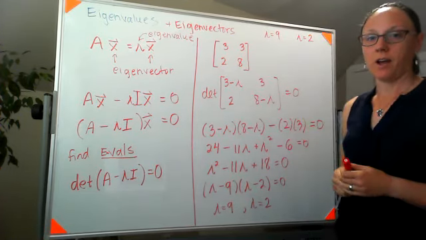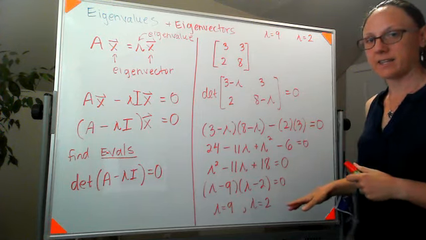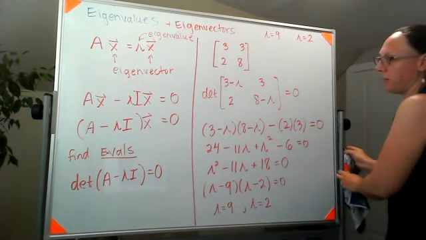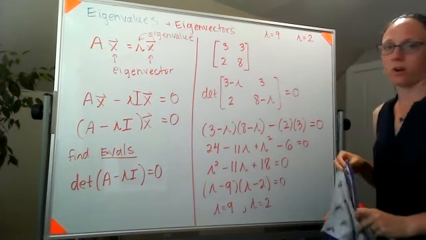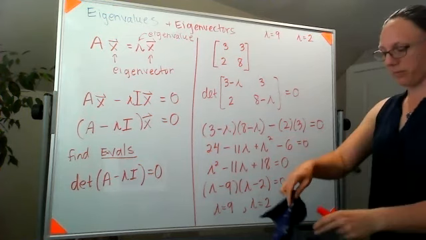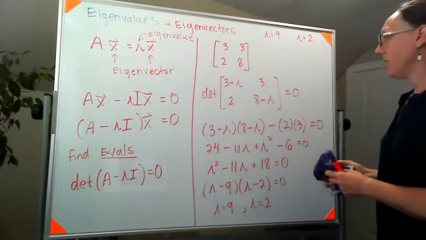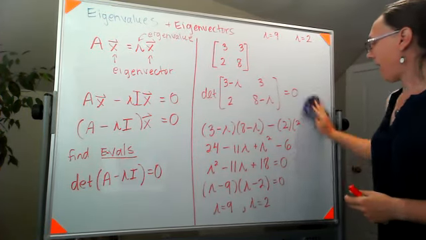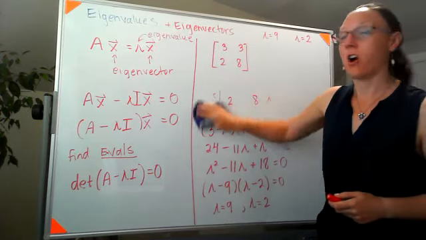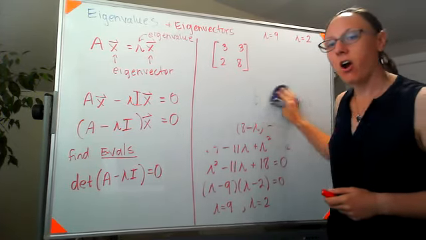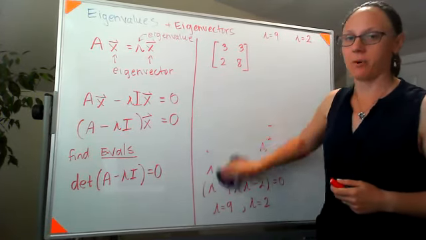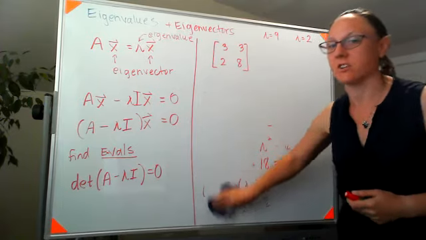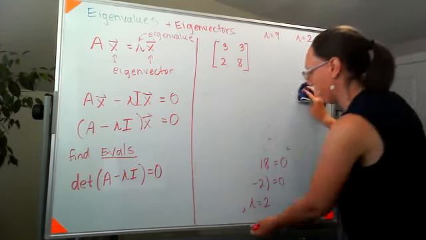Okay, I'm going to erase this because I need the space, but now it's time to talk more about that eigenvector piece. Eigenvectors are never unique. There are always an infinite number of correct answers for your eigenvector.